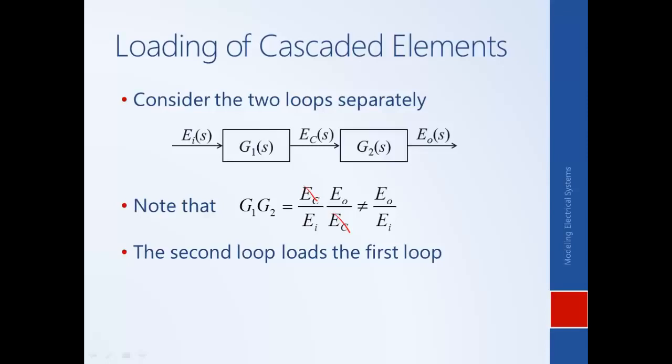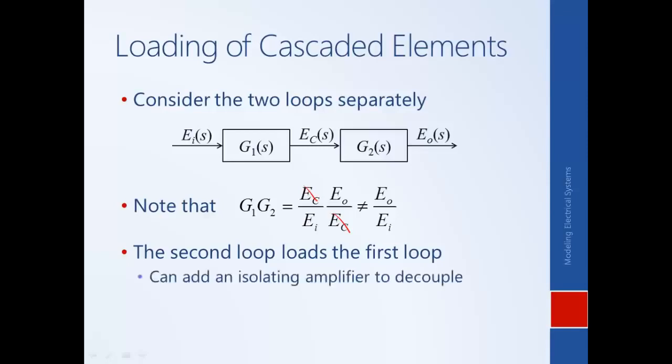If you have a system downstream that has an obstruction, or it's been throttled down so that the cross-sectional area is smaller, so that not as much water can flow through, or the flow rate is limited, that back pressure is going to affect the system upstream. And in essence, that's what happens with electrical circuits. So this assumption that we had made previously doesn't always hold, for example, with circuits or hydraulic systems. So we need to be a little bit careful.